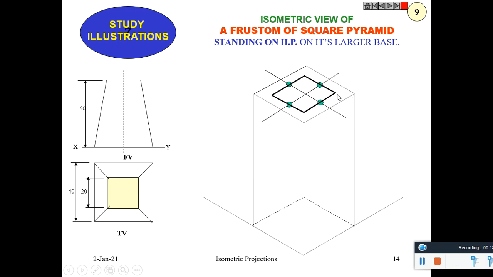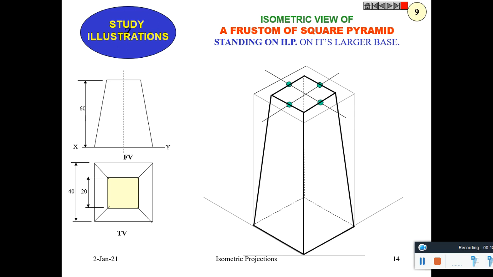Now join these points. All these edges are marked towards the bottom. Here is also one more line. So this gives the frustum of a square pyramid.